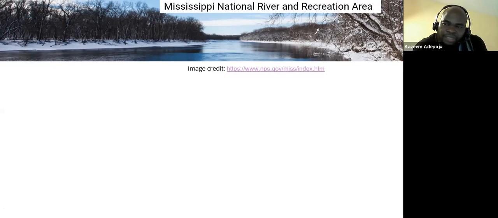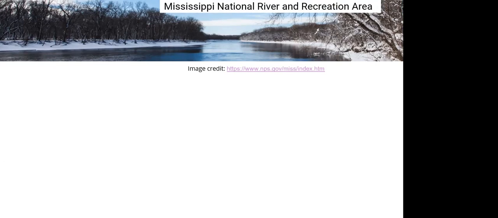At the University of Minnesota, we've got the Mississippi. Has any of you seen the Mississippi River before? For those of you who have visited the campus, is there anyone who can confirm if you have seen the Mississippi River? Yes. Okay, thanks for that.